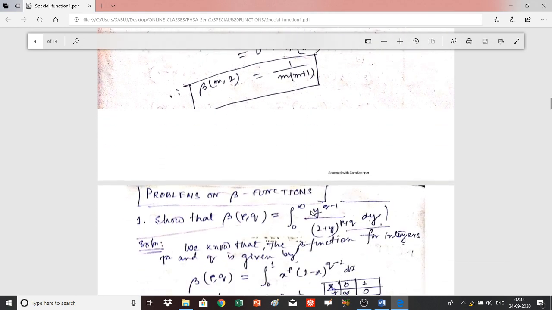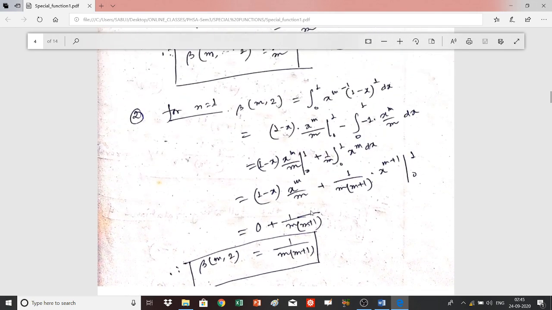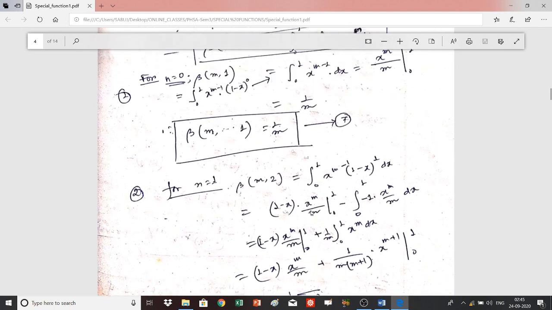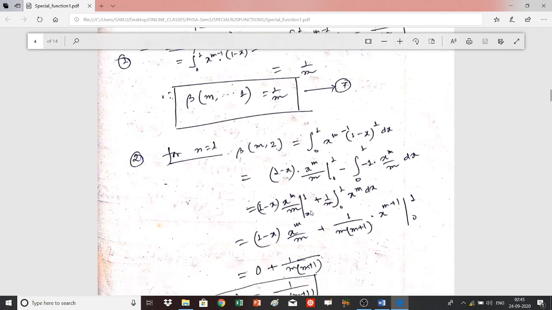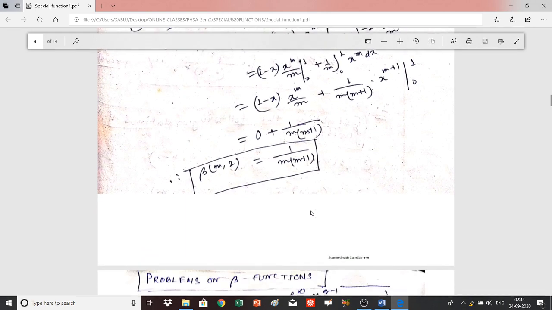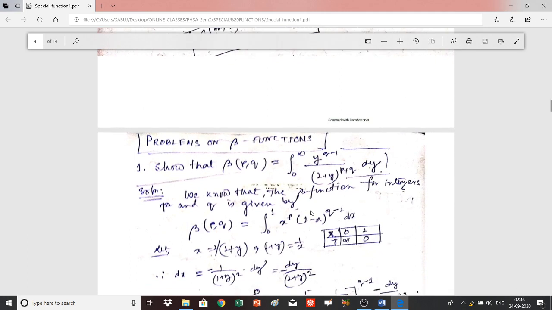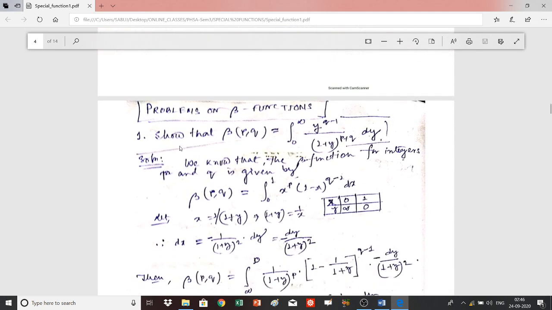So now, already we have studied some properties of the beta function in the previous sections, and now we will apply these properties to solve some problems. Here are some problems on beta functions. First one: you have to show beta p,q is equal to the integral from 0 to infinity of y to the power q minus 1 by (1 plus y) to the power p plus q dy.